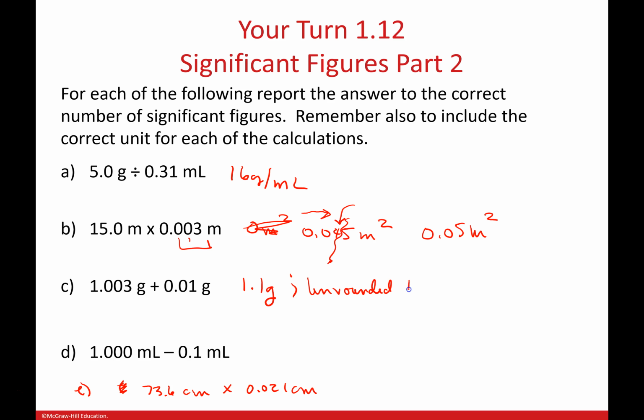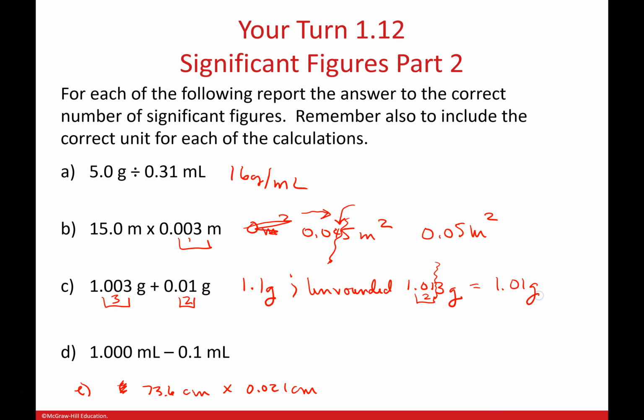And this is what your calculator said, 1.013, grams. This is the case where we go with decimals, so we have 3 decimals here and 2 decimals here. So we're only allowed 2, and so we're going to truncate it here. And since this is a 3, we're going to keep it, so it'd be 1.01.